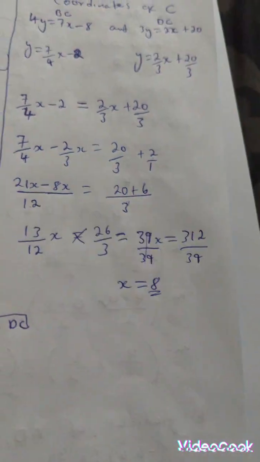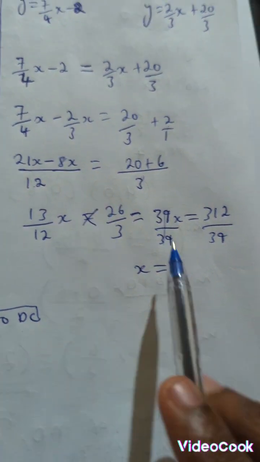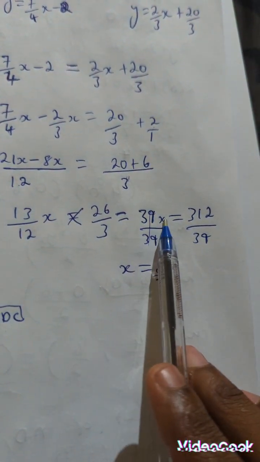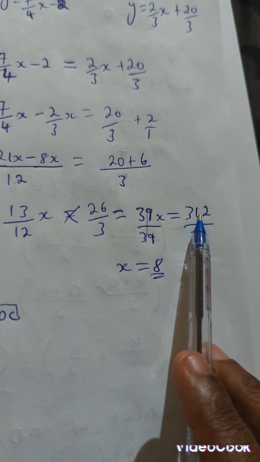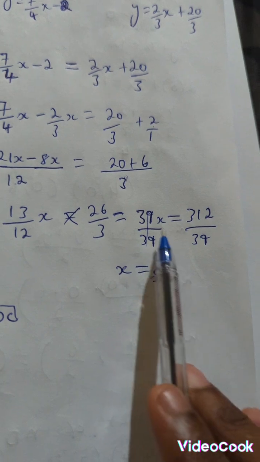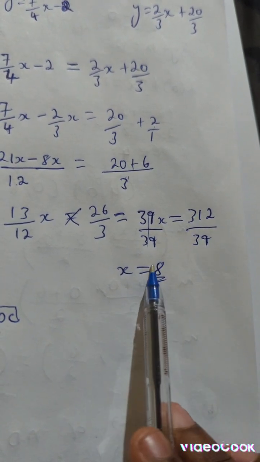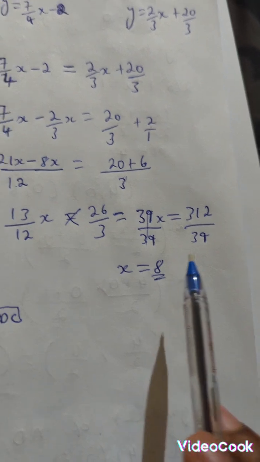What are we going to get? So when we cross multiply 3 times 13x, it will give us 39x. Then 12 times 26, we're getting 312. Then we divide by 39 to find the value of x. Then when we divide, we're going to get 8. This is the value of x.